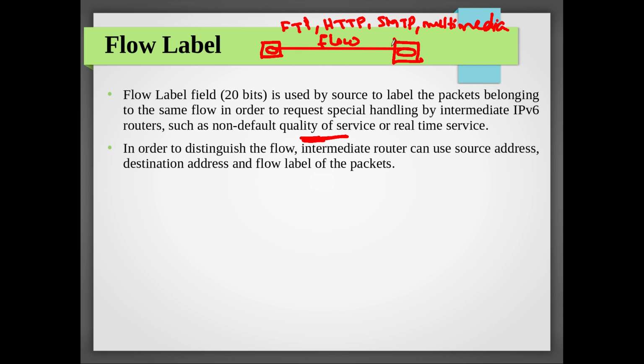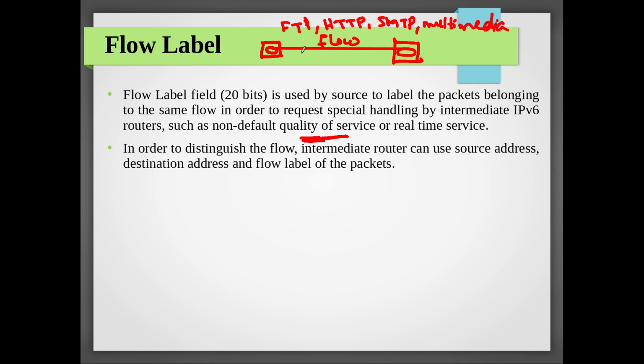For every packet which is part of the flow, we give a flow label, and that flow label field will identify that all of them are part of this particular flow.